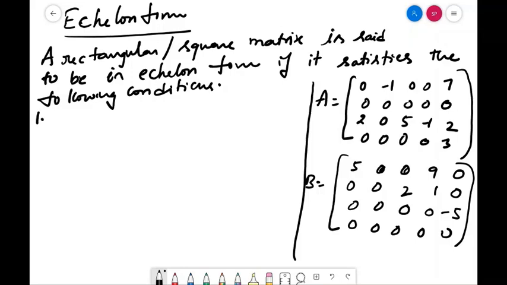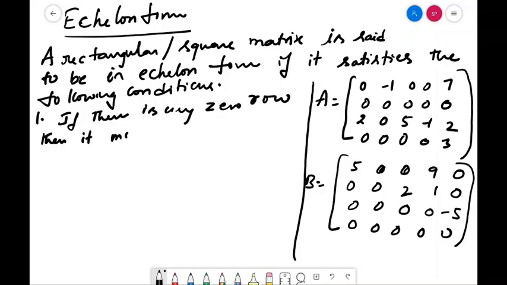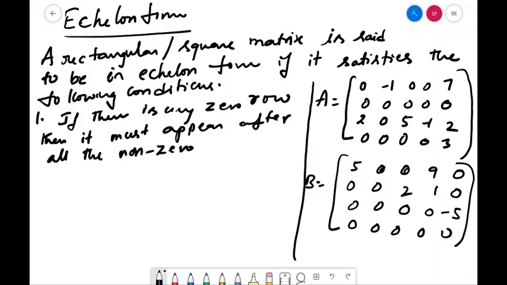A rectangular or square matrix is said to be in echelon form if it satisfies the following conditions. The first one is, if there is any zero row, then it must appear after all the non-zero rows. So let me see matrix A. Is there any zero row?